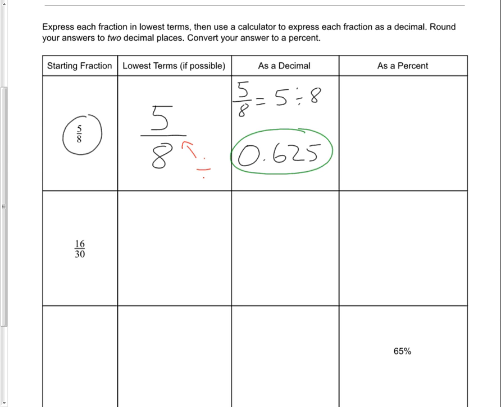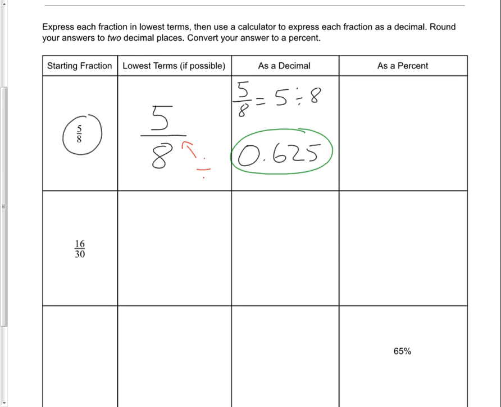Now, we can also convert a fraction into a percentage by using that decimal piece of information that we have. A percentage represents a part of a whole, much like a fraction represents a part of a whole. So in order to convert a decimal into a percentage, we need to multiply it by 100.